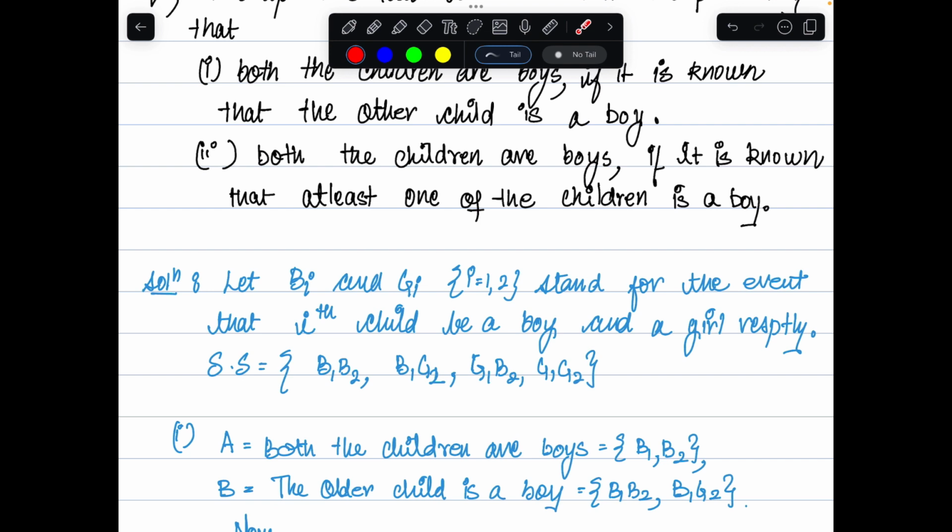Now let's see. So as I told you, B1, B2 means first is a boy, second is also a boy. B1, G2 is first one is a boy, second one is a girl. And here G1, first girl and the other boy. G1, G2, first girl and second girl. Okay. Now let's see how we are supposed to do.